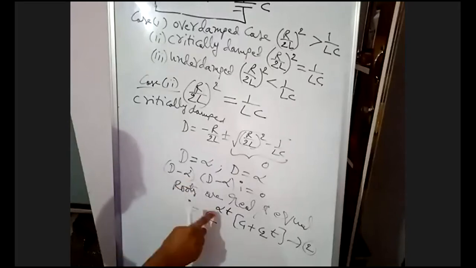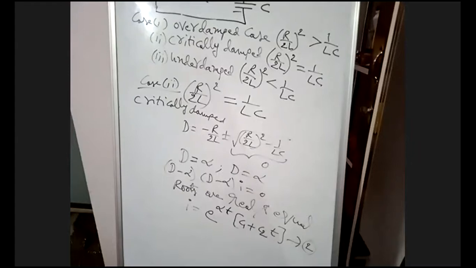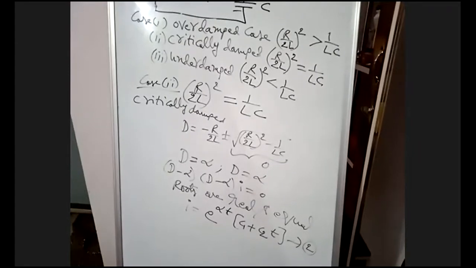Alpha is the root here. C1 plus C2 into t. This is the solution if you are having equal roots. If roots are real and equal, remember only three equations. If roots are real and unequal, your solution is C1 into e power first root into t plus C2 into e power second root into t.